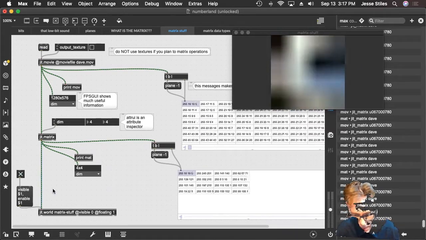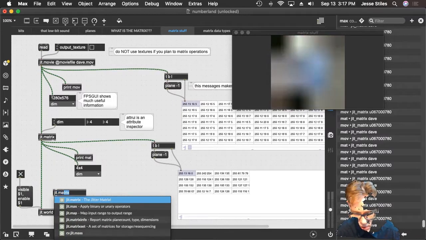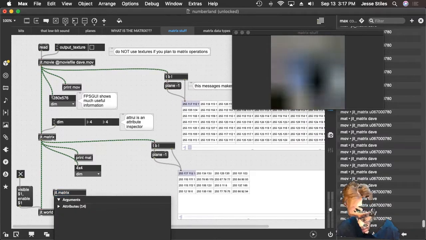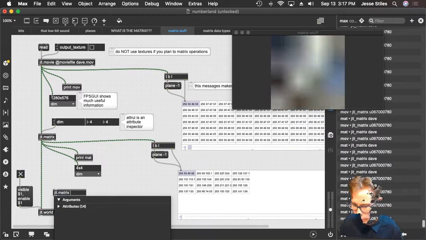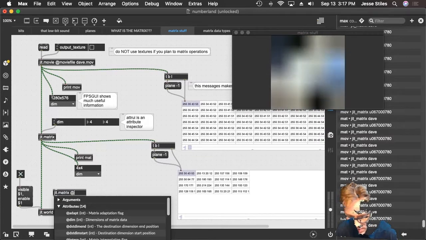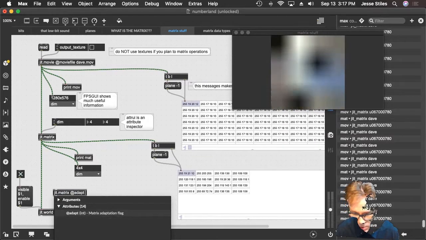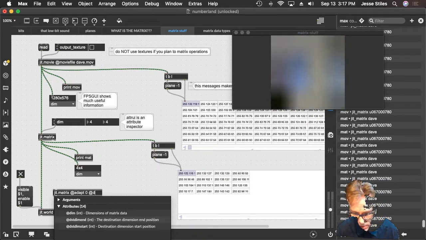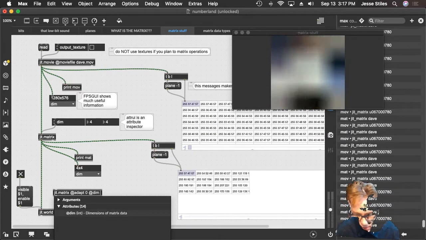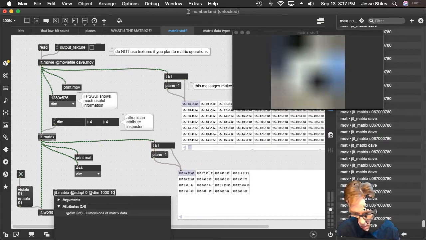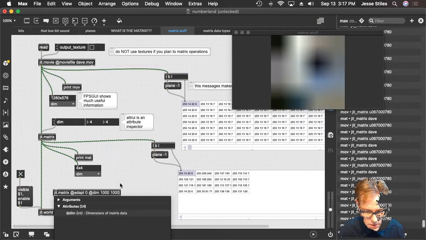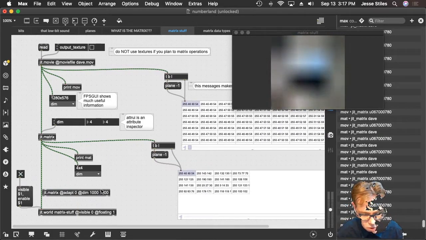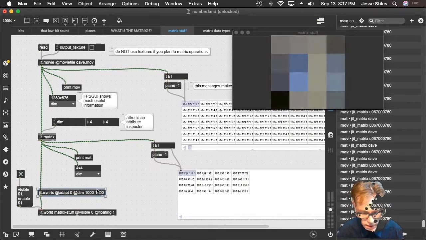So we can do that by making a new jitter matrix. And we're going to up-res this matrix, so we need to set adapt to 0. And then we can manually set the dimensions of this to, let's make it 1000 by 1000. And if I hold down Shift, I can just kind of catch the signal in there.